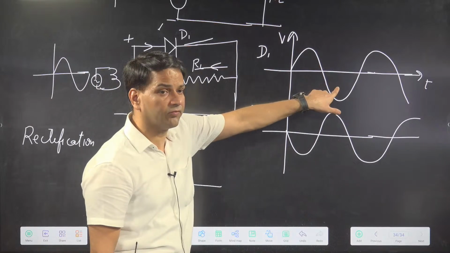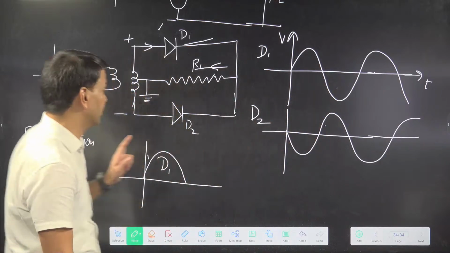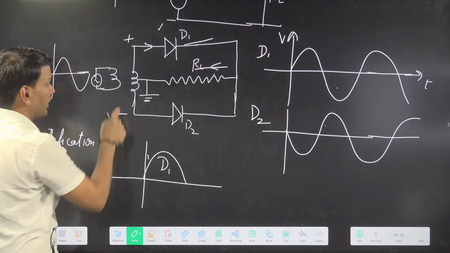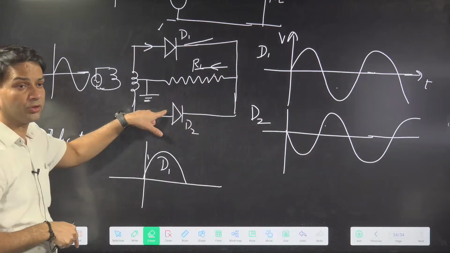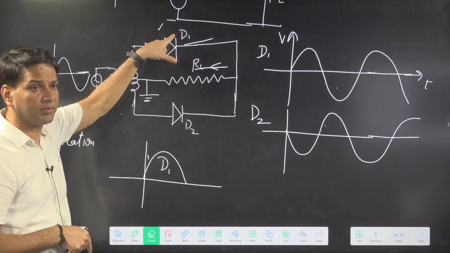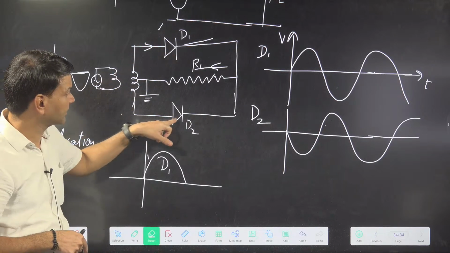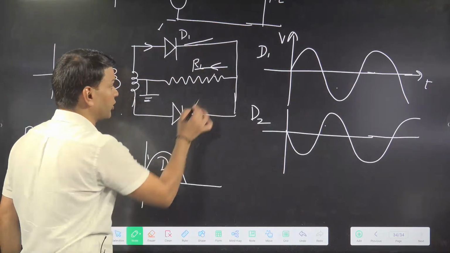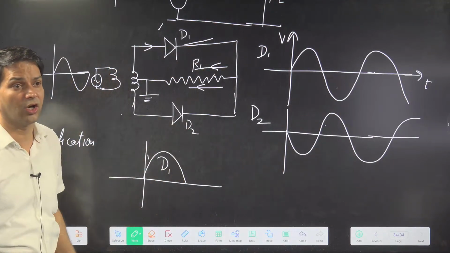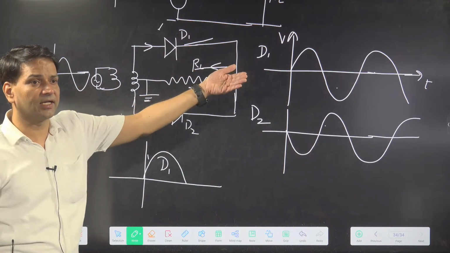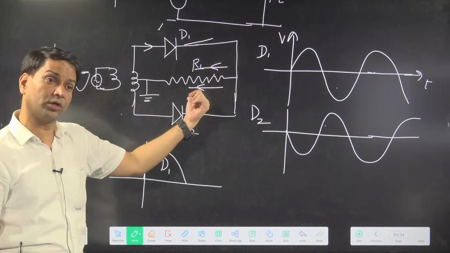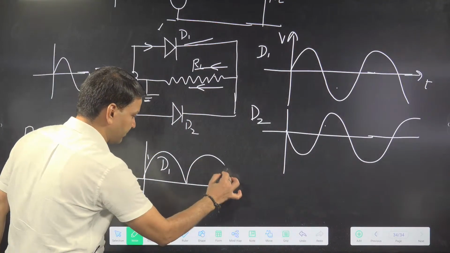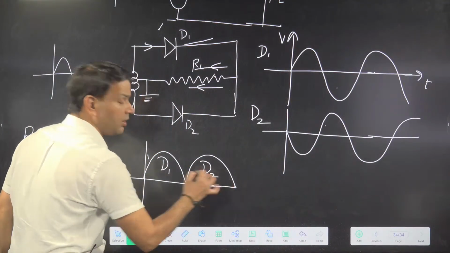D1 gets the negative cycle and D2 the positive cycle. So D2 positive cycle means this will be the positive, this will be the negative. Now D2 will be in forward bias, D1 will be in reverse bias. So D2 will conduct the current and then current will go through the load due to the D2, in the same direction, this direction. Getting or not? So in the second, negative cycle, current is conducted through the load in the same direction but due to the D2.